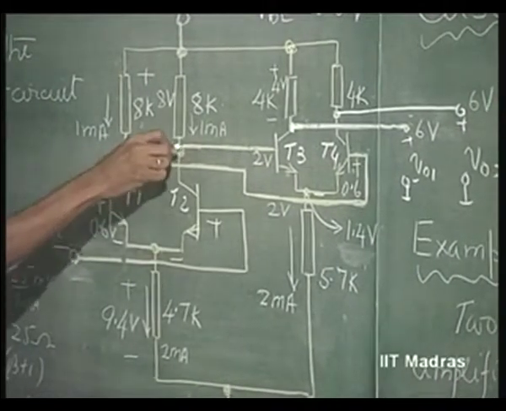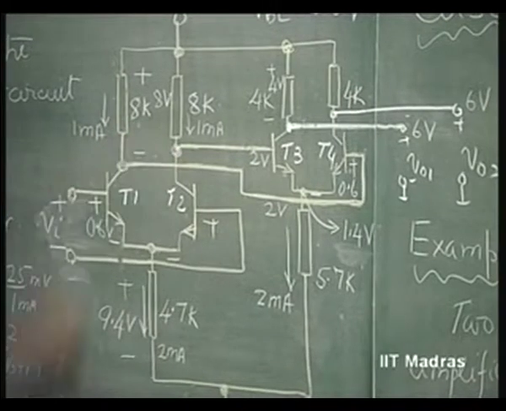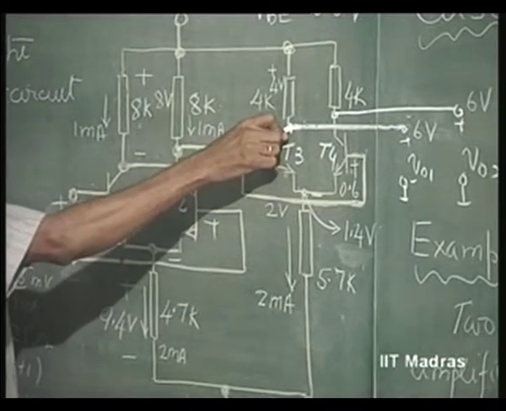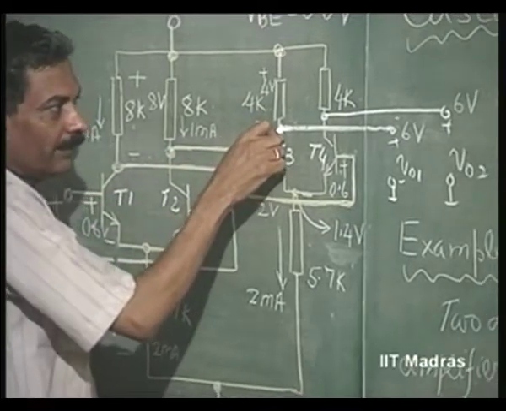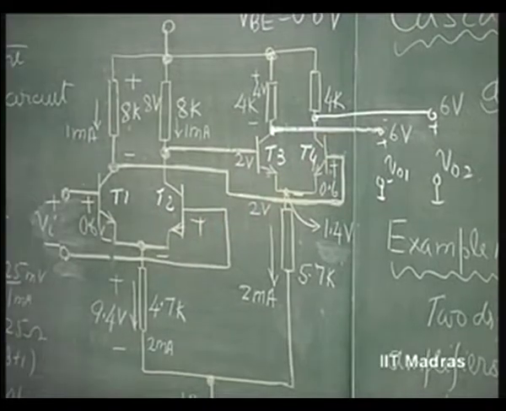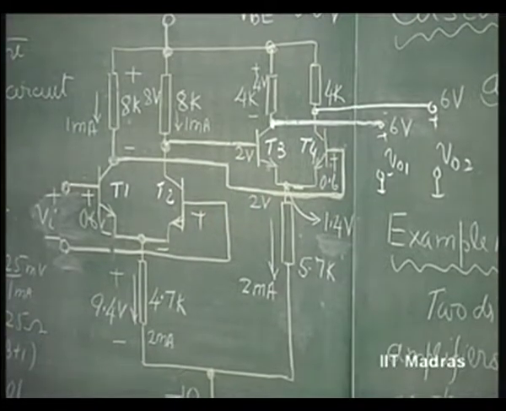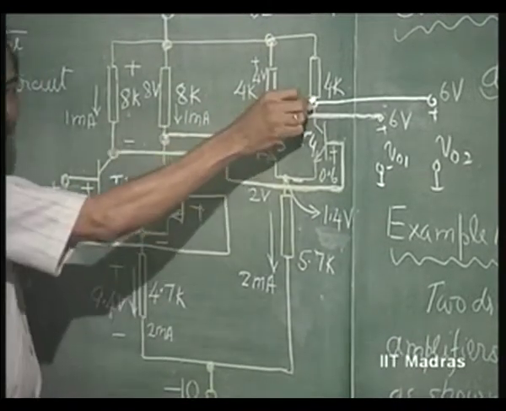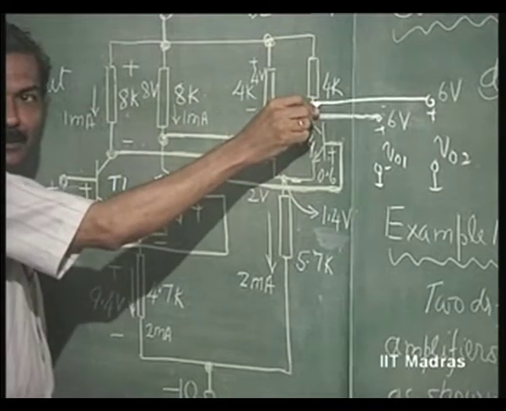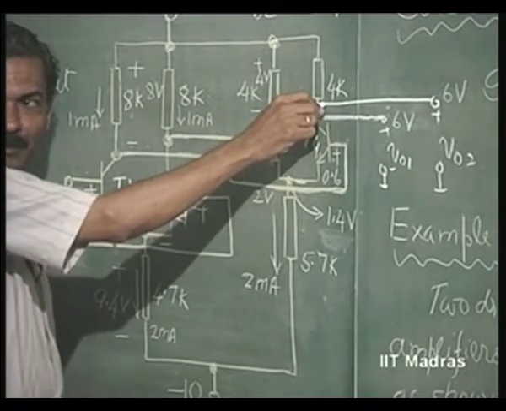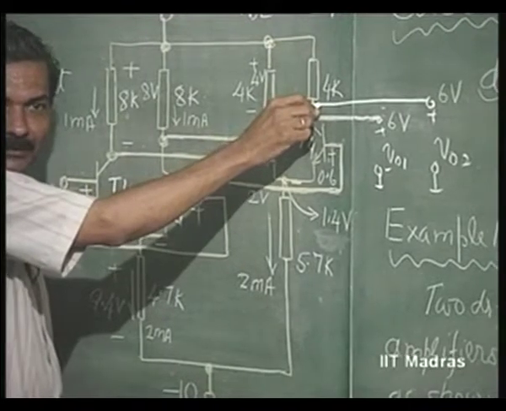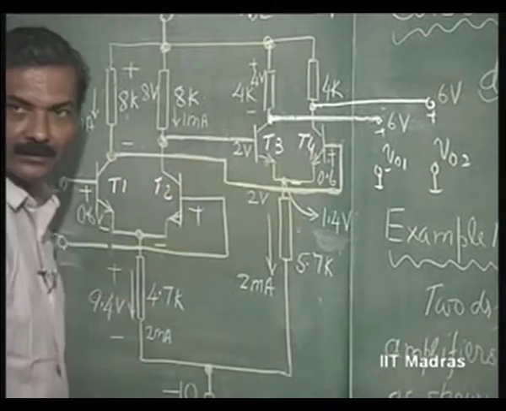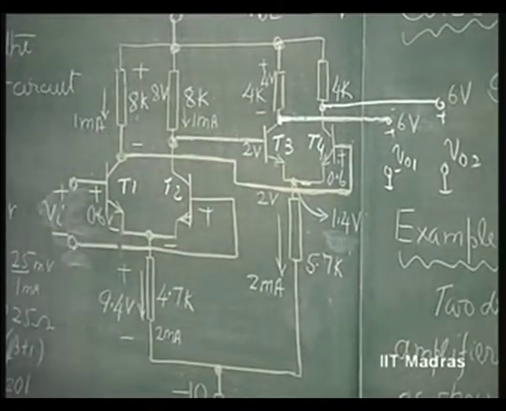There is no phase shift from here to here. So, 0 phase shift from here to here. From here to here, there is a phase shift of 180 degrees. Therefore, if I take this as the output, strictly speaking, I get inverted, minus A I will get. If I take this as the output, the phase shift of this and this will be 0. So, whatever I have assumed as plus minus become valid. So, if this is plus minus, this is plus. So, I take V02 as the output.